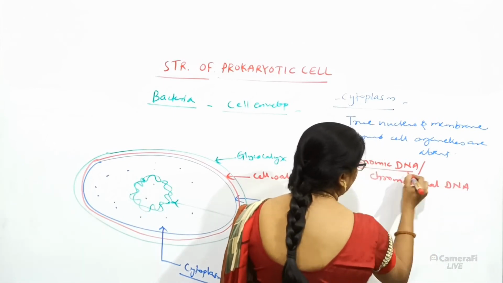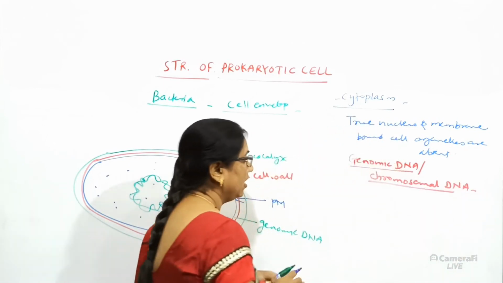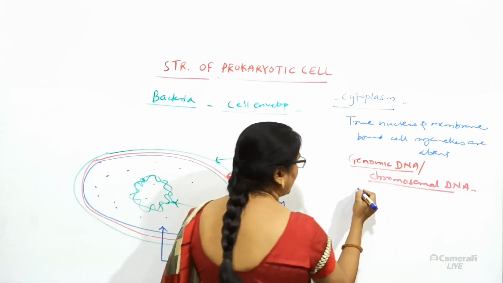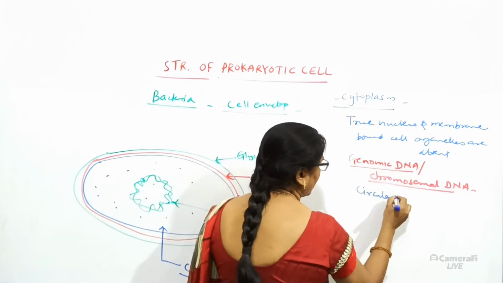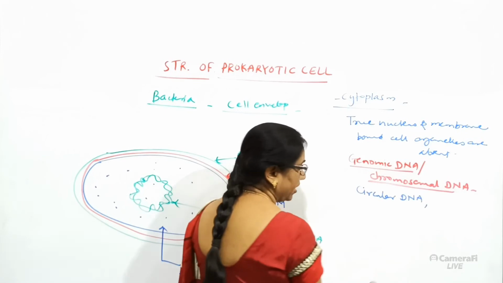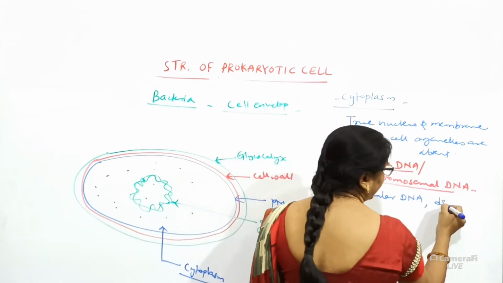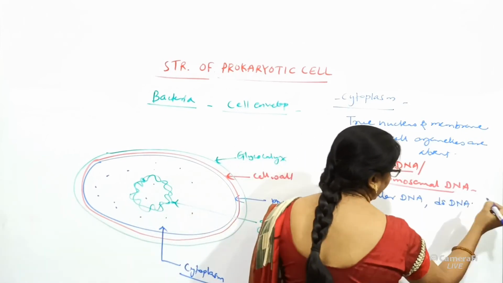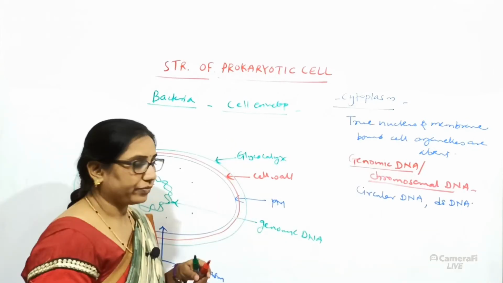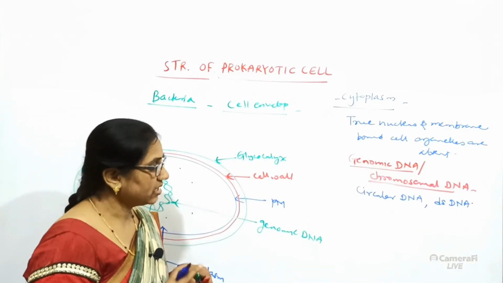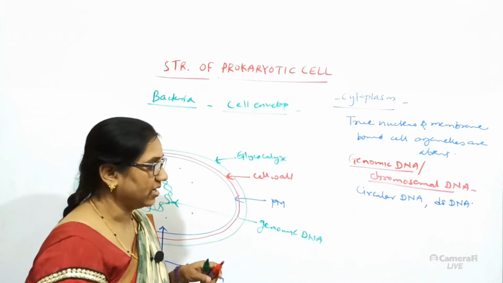How is this DNA? This DNA is circular. Circular means without any free ends. Circular DNA is made of two strands, so it is called dsDNA.